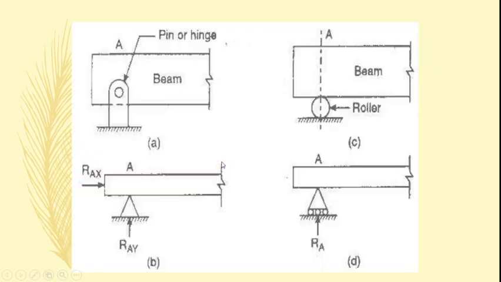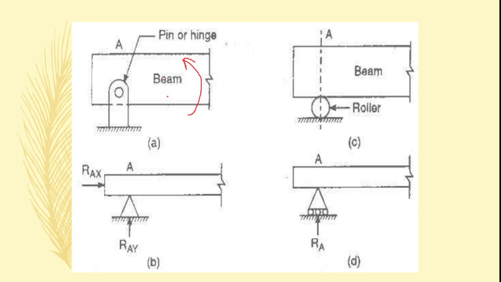Okay, this one is a pin support or hinge support. This beam can rotate in this direction but it cannot translate parallel to the surface or perpendicular to the surface.